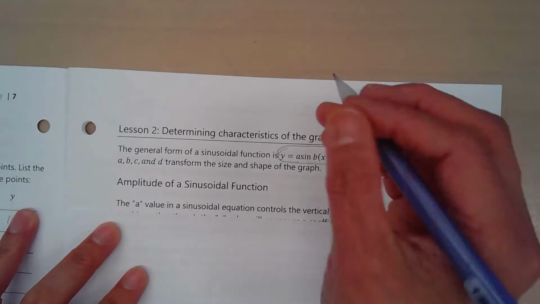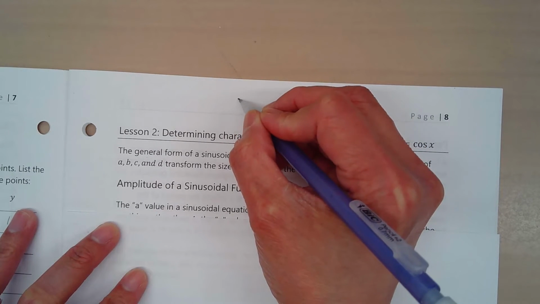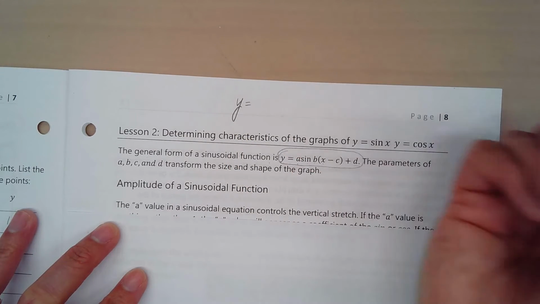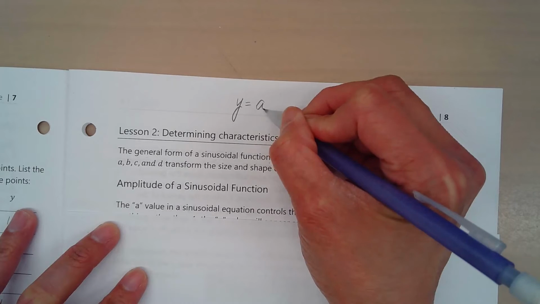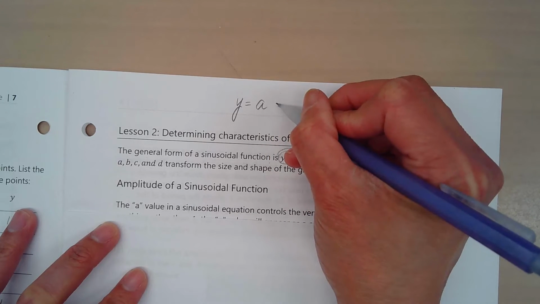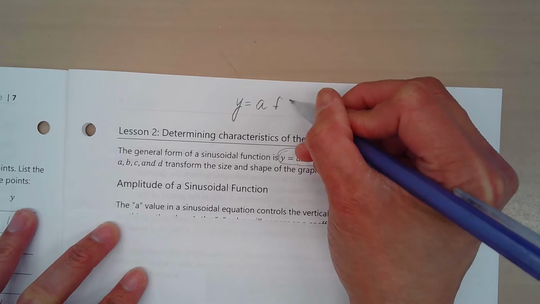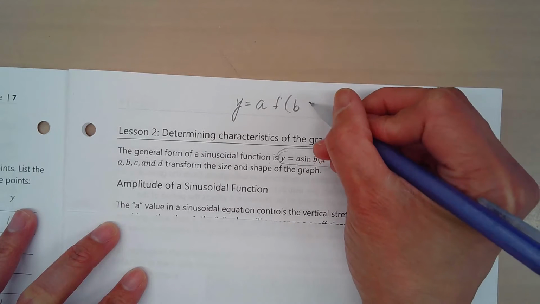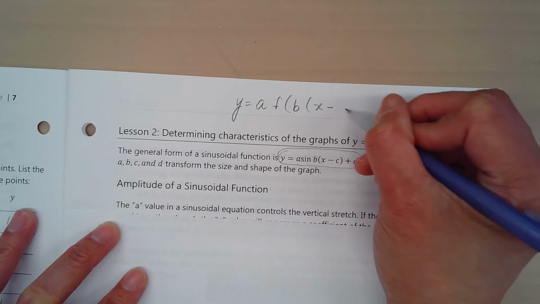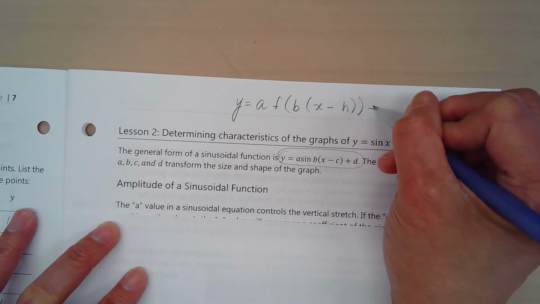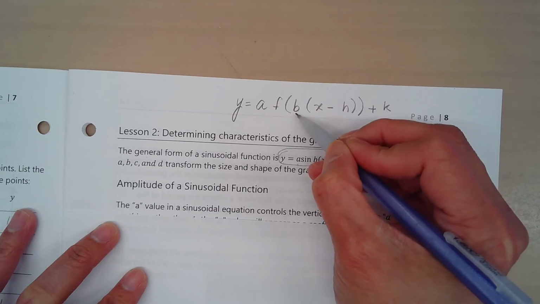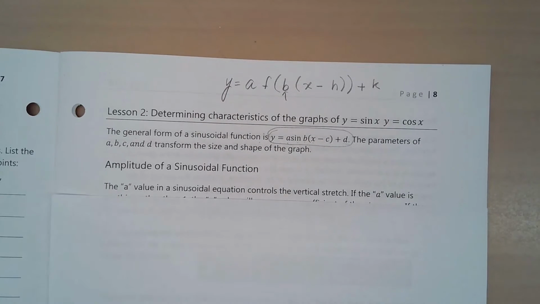So generally, we did this previously in our chapters, a few chapters ago. f of b times x minus h plus k. So the b is your horizontal compression or stretching.